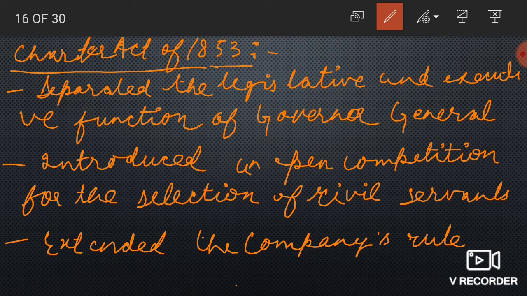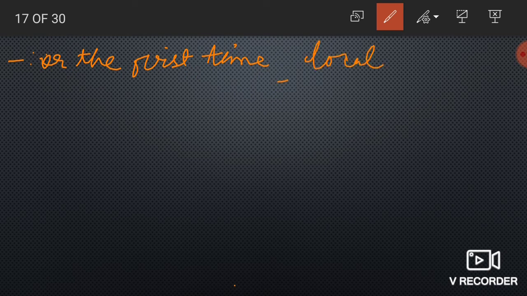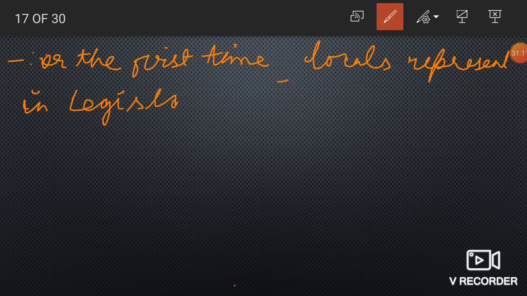And for the first time, local representation in the legislative council.